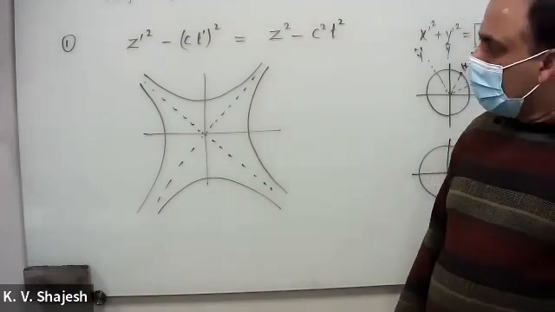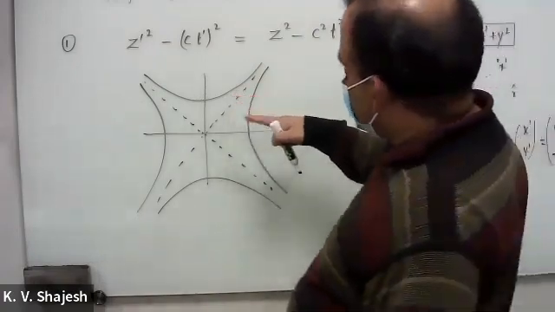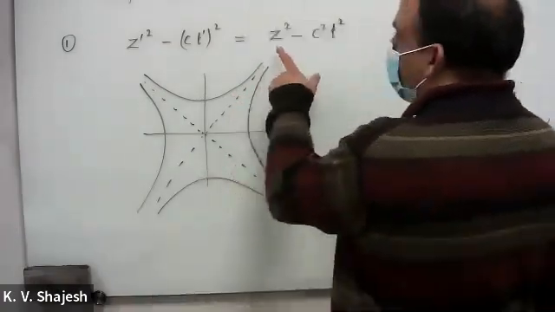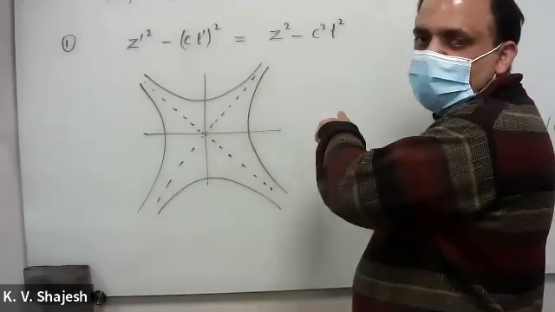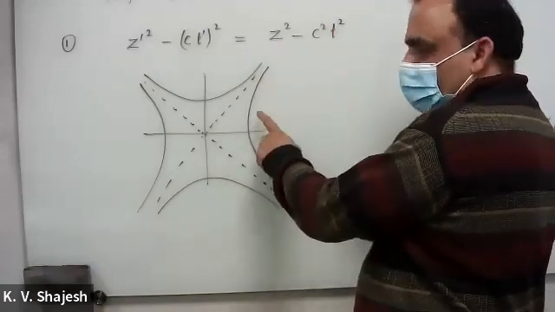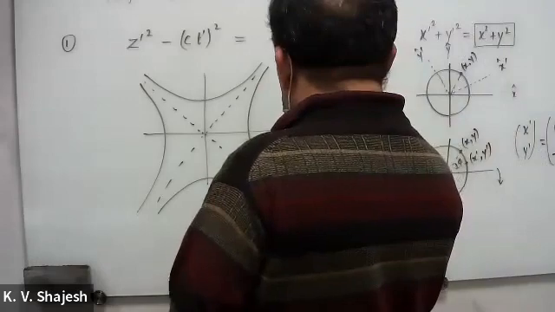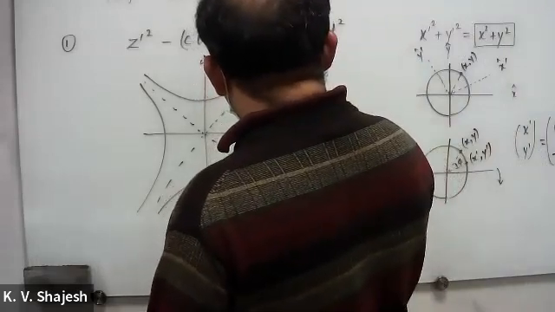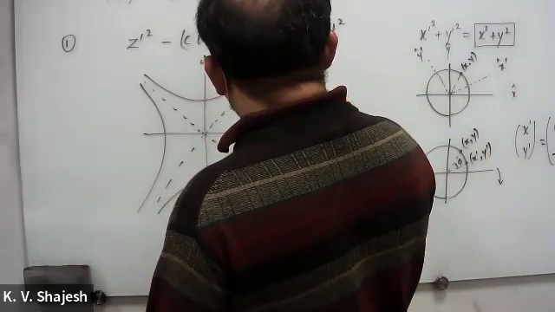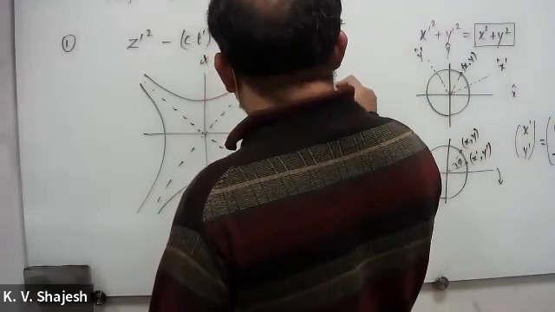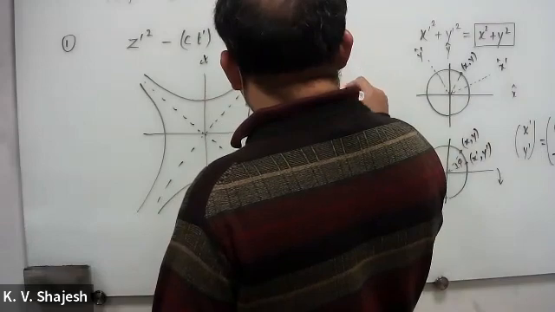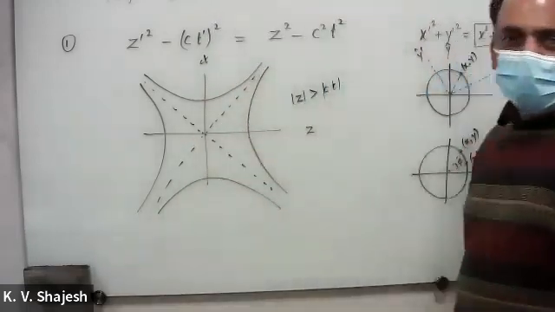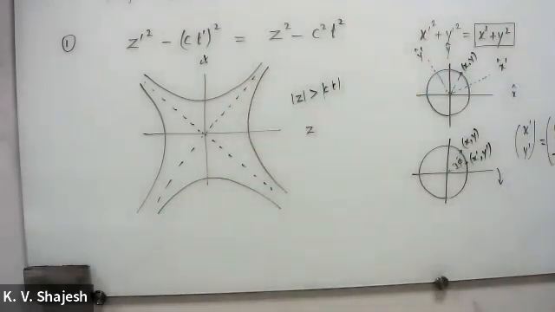Okay. Except that here, this has to be when Z is greater than CT, that is here. So let's say this is Z, and that's CT. Here, the magnitude of Z is greater than the magnitude of CT. Right? We measure with respect to the origin. Is that clear?